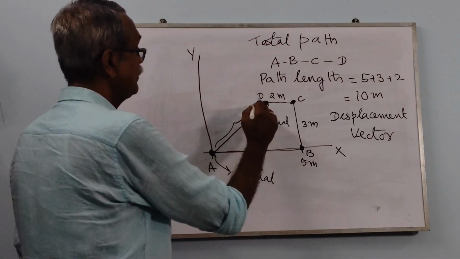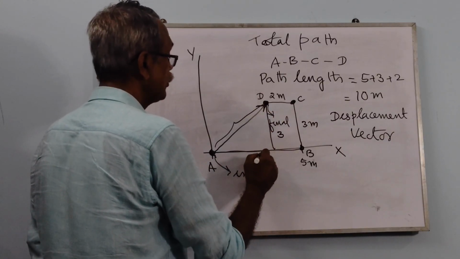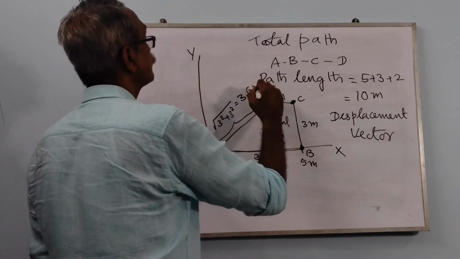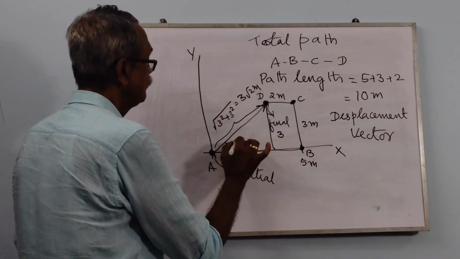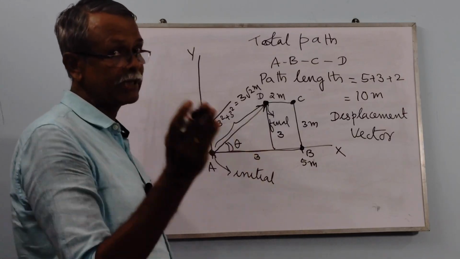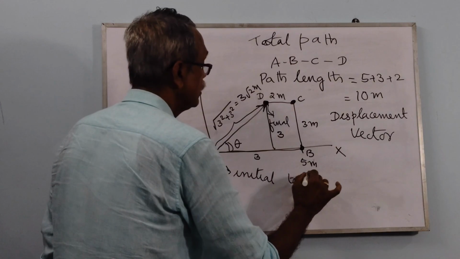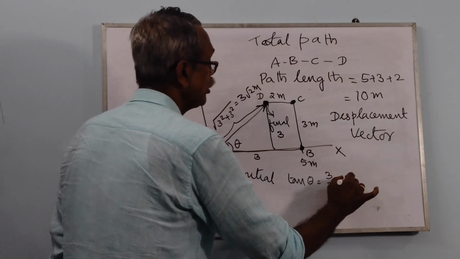So this distance we can easily calculate. This is equal to 3. This is equal to 3. Therefore this is root of 3 square plus 3 square. And this angle theta, which gives the direction of the vector, tan theta equals 3 divided by 3, that is equal to 1.